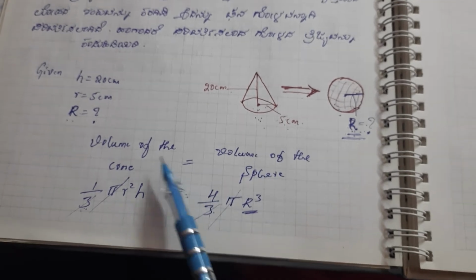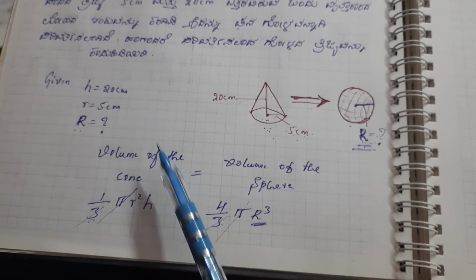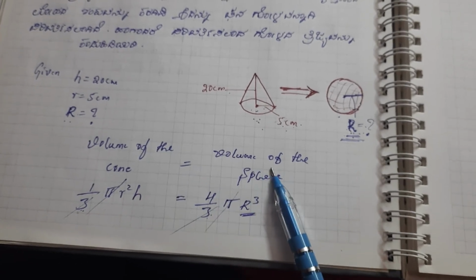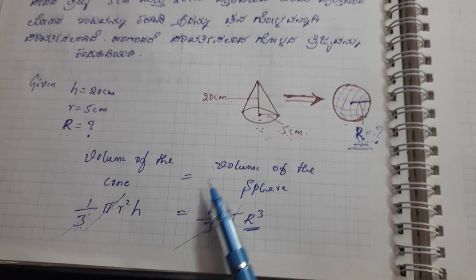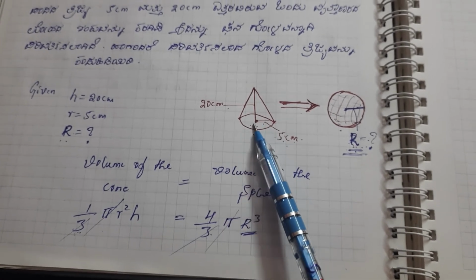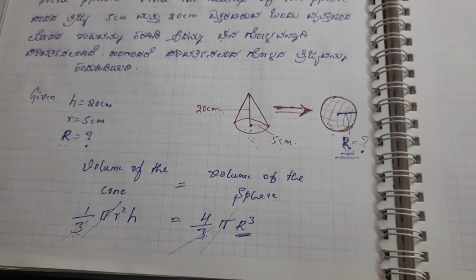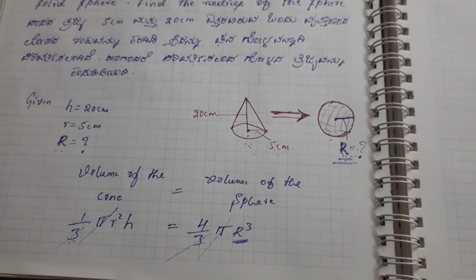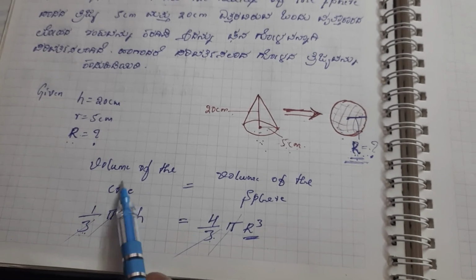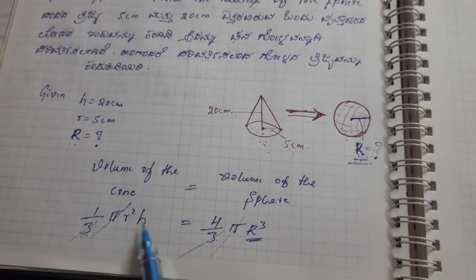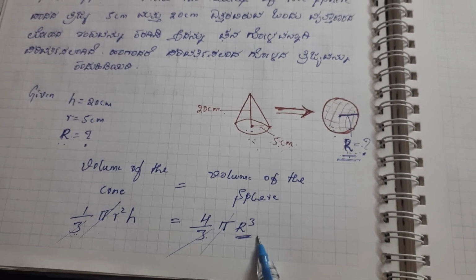So whatever they given, you have to write the given data first, then equate these two volumes, whatever the solids they given. Okay, because the volume of the first solid is converted into the another solid. Okay, so volume of the cone is 1 by 3 pi r square h is equal to volume of the sphere 4 by 3 pi r cube.